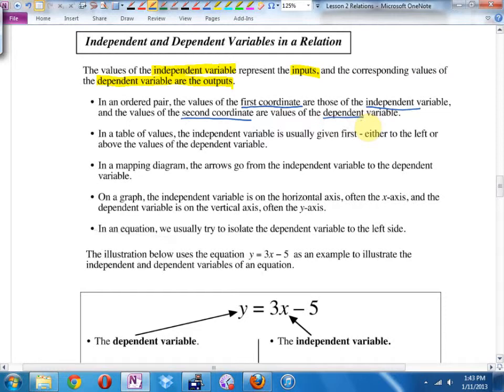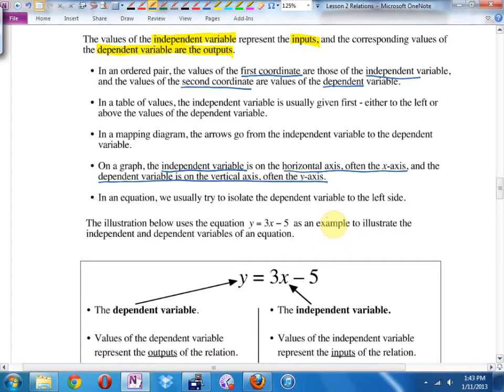In a table of values, almost always the first column or the first thing is the independent. It's either given to the left or on top. In a mapping diagram, arrows go from the independent to the dependent. On a graph, the independent variable, this you need to know, is on the x-axis. The dependent variable is on the y-axis.